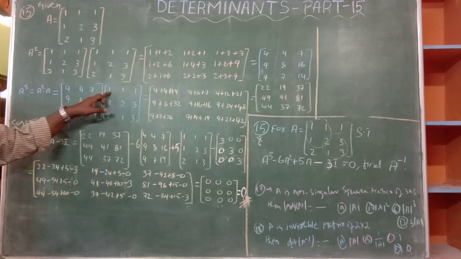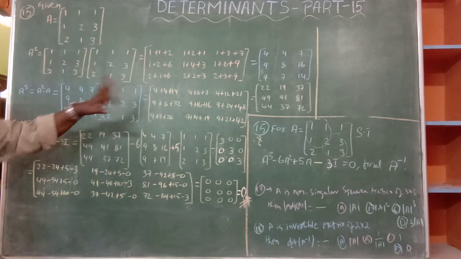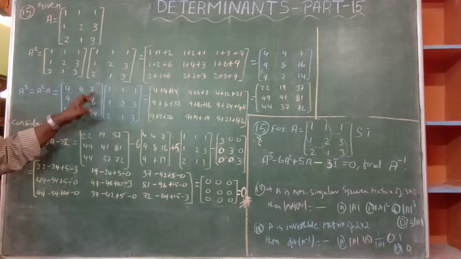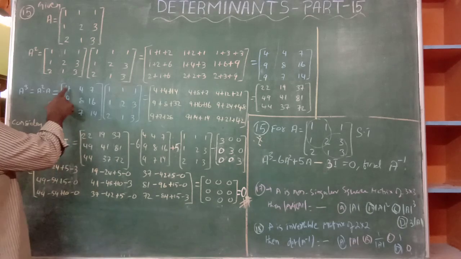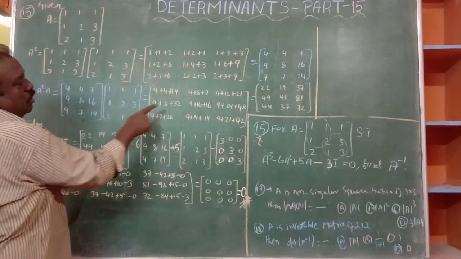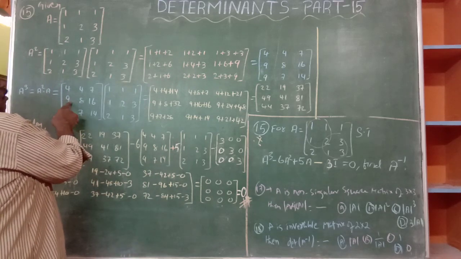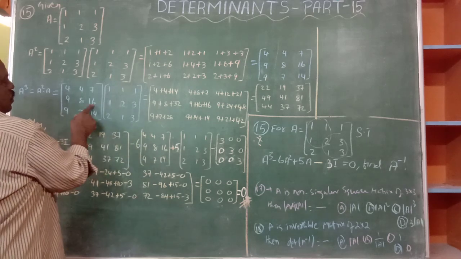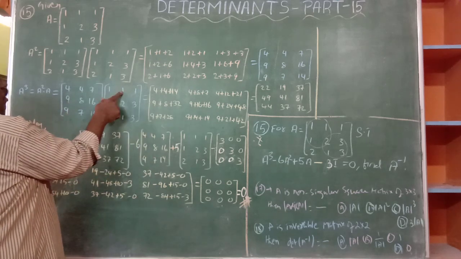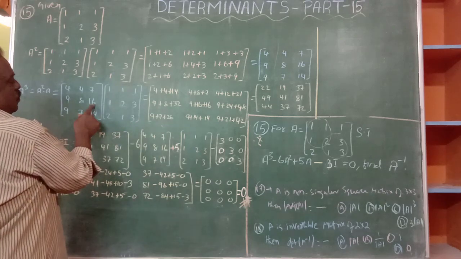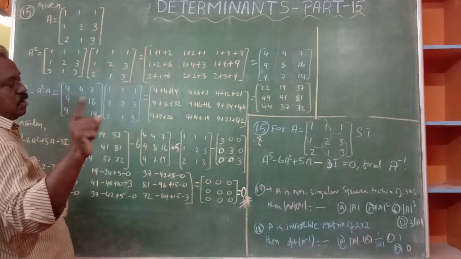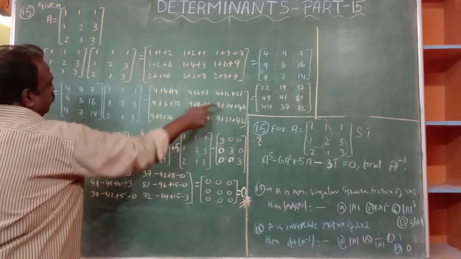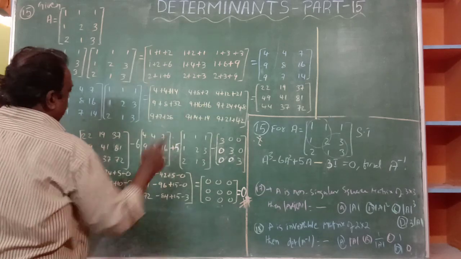Similar way, 4 into 1, 4 into 1, 7 into 2, 14. Like that we have to multiply. 4 into 1, 4 into 2, 7 into 1. Again 4 into 1, 4 into 3, 7 into 3, 21. Again 9 into 1, 9; 8 into 1, 8; 16 into 2, 32. You observe my hand and fingers. 9 into 1, 9, plus 8 into 3, 24, plus 16 into 3, 48.